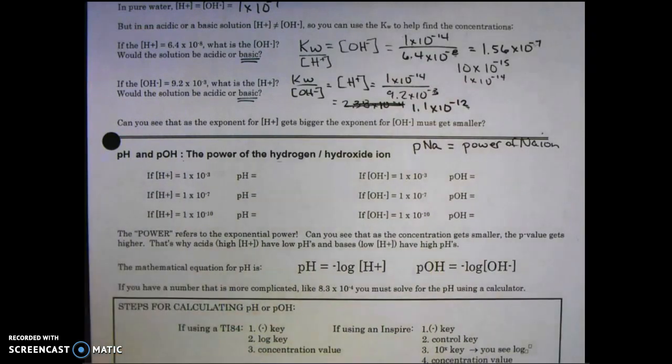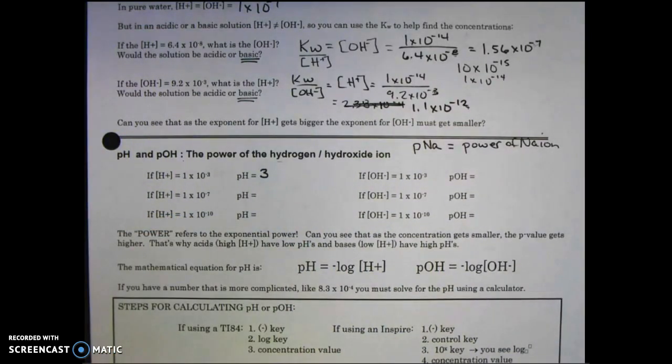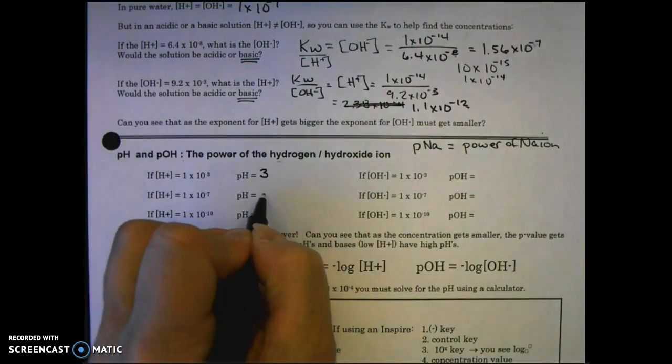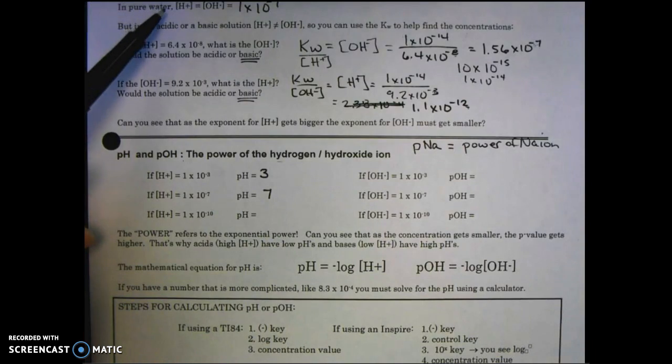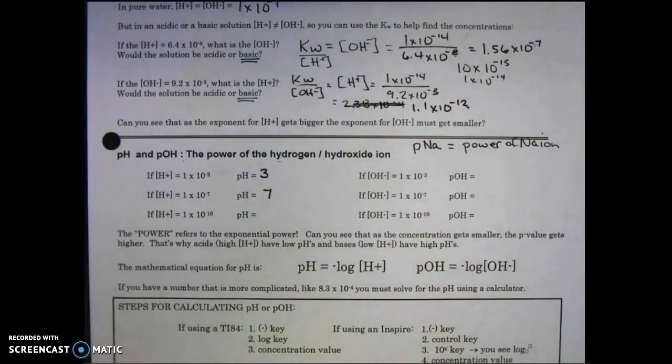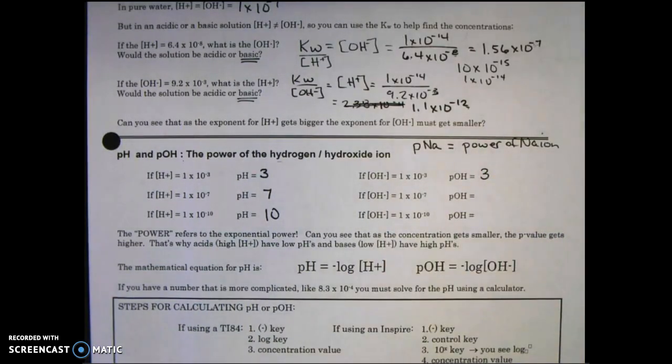If H plus is 1 times 10 to the negative third, pH winds up being 3. If H plus is 1 times 10 to the negative 7, pH is 7. Hopefully you know that from up here. If H plus is 1 times 10 to the negative 10, pH is 10. What kind of pattern do you see? Likewise, if I go to OH minus, 10 to the negative third OH minus is the same as a pOH of 3.